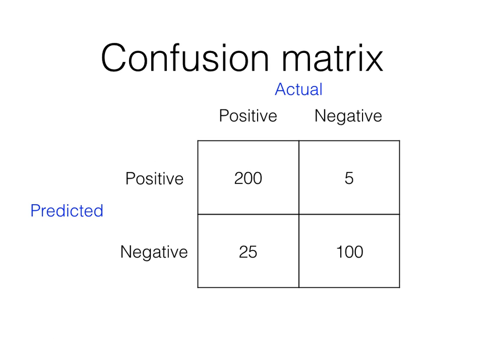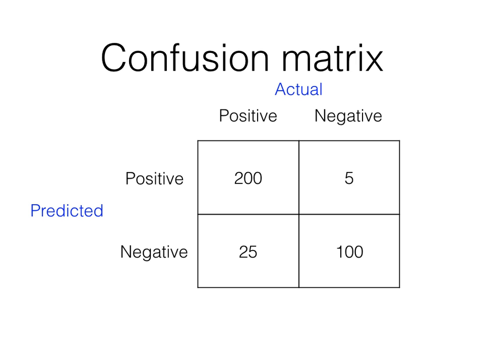And just to give you a concrete example, here's the kind of thing that you would see in a confusion matrix. So we can see that we have in our set 200 plus 100 plus 25 plus 5 is 325 data points.